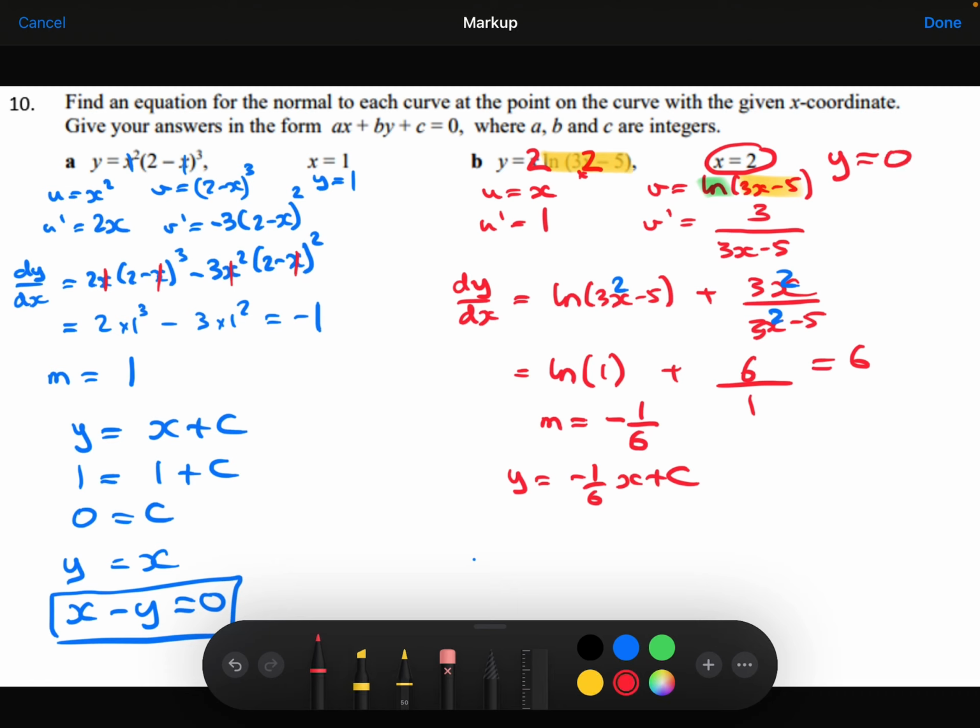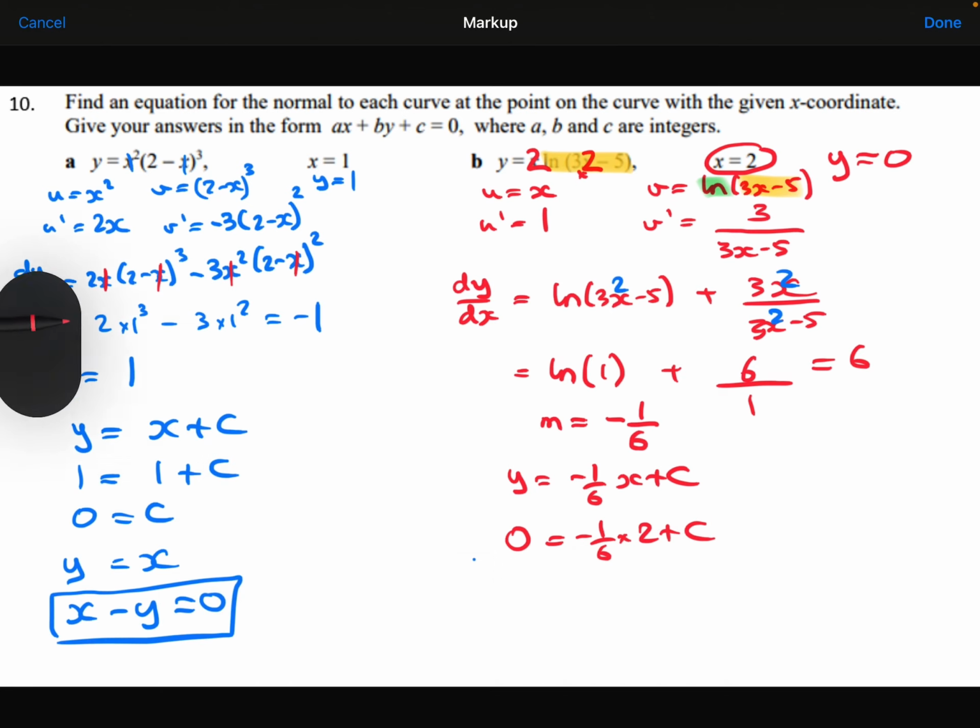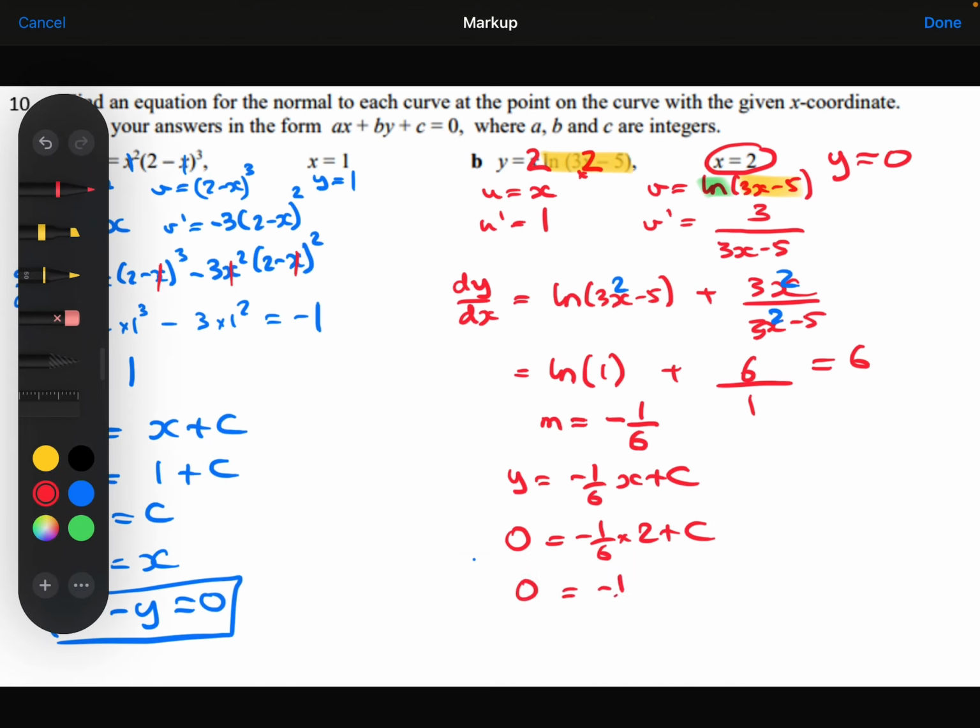So it's going through the point 2, 0. Which means that c is 1/3.